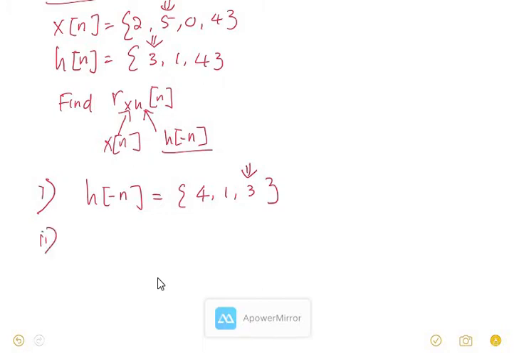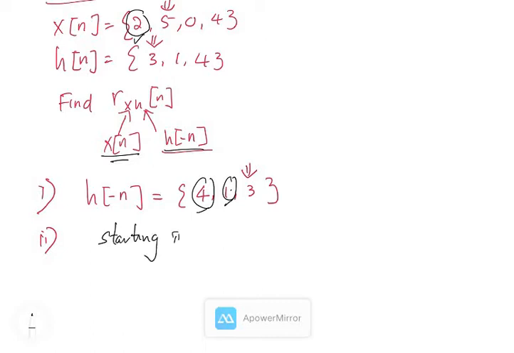Second step, what is the starting index of R_xh? If you look here, for x[n] on the left-hand side you only have 1, and for h[minus n] you have 1 and 2. So the total is 3, so minus 1, minus 2, minus 3. So the starting index is n equal to minus 3.